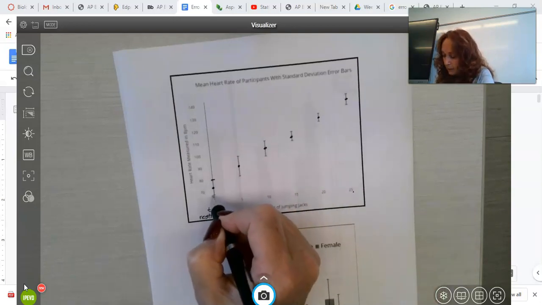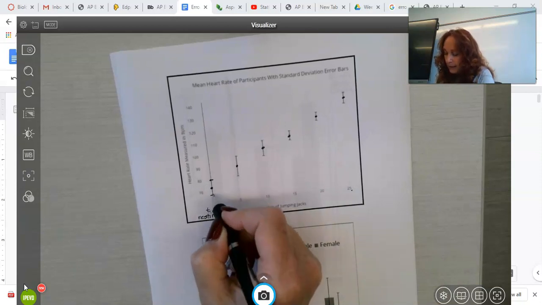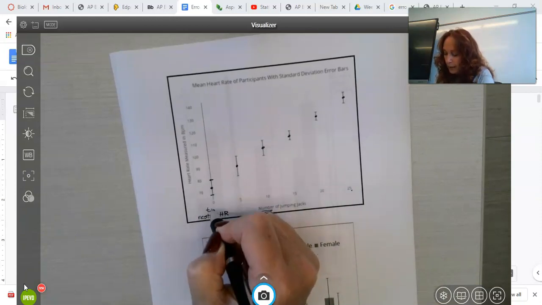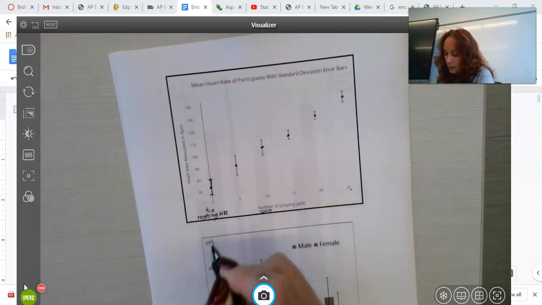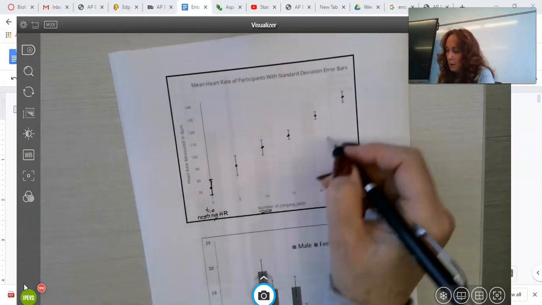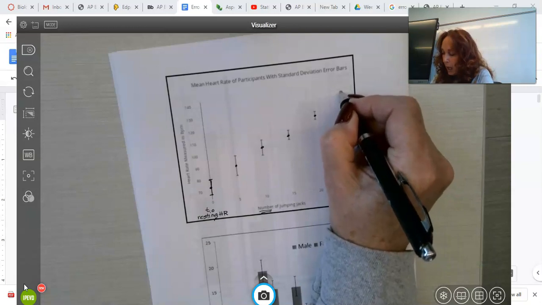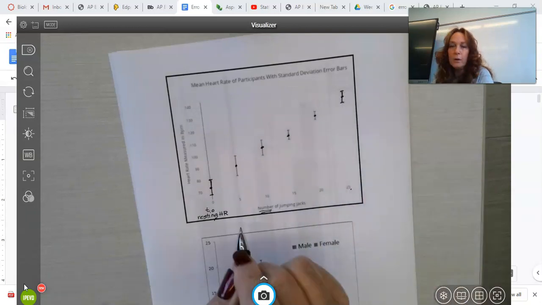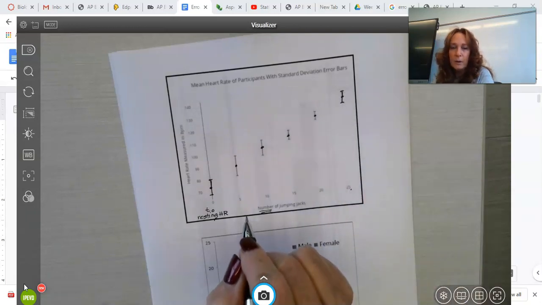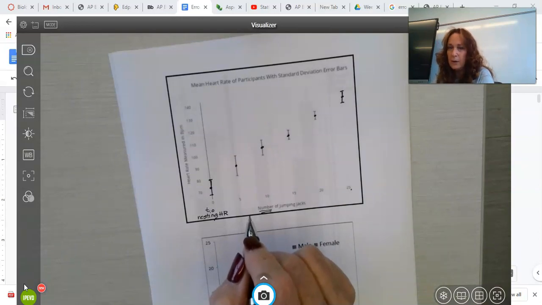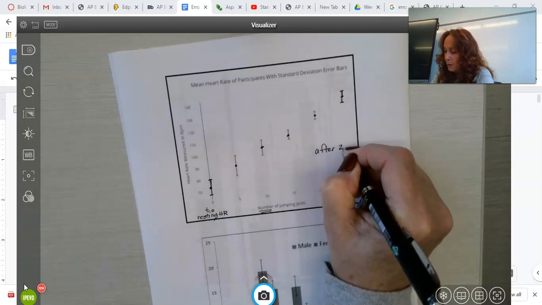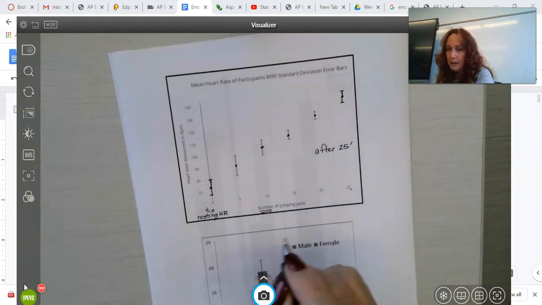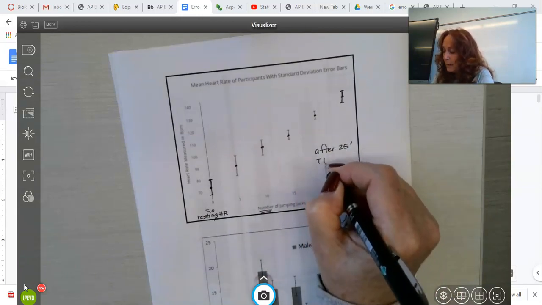Obviously if, hey, I'm the data point for the heart rate at time 0 and I belong to a group of means that range from here to here, by no means do you belong in that group. They are significantly different.